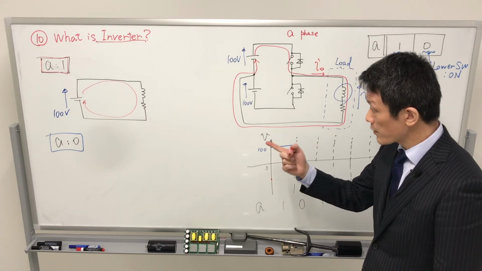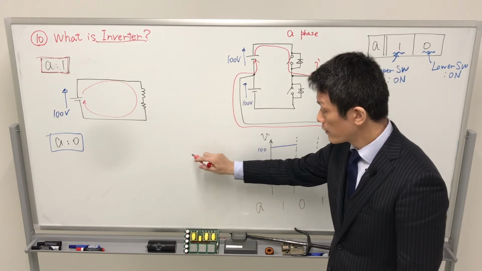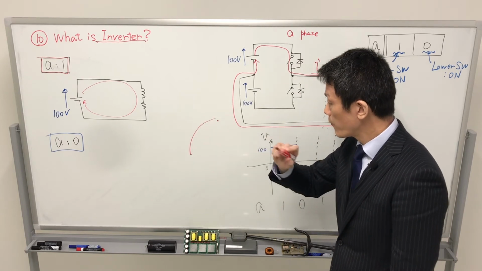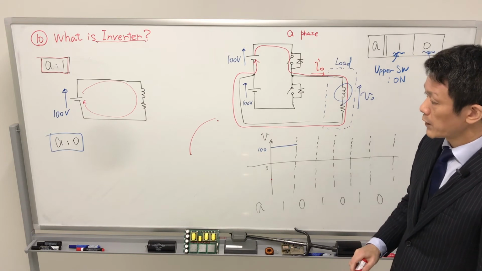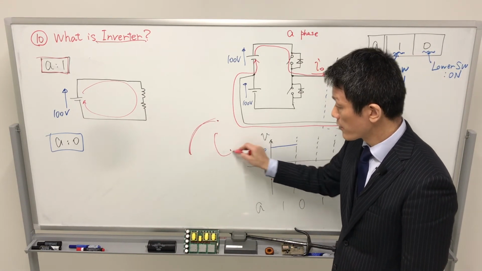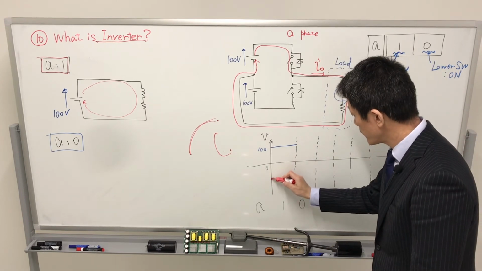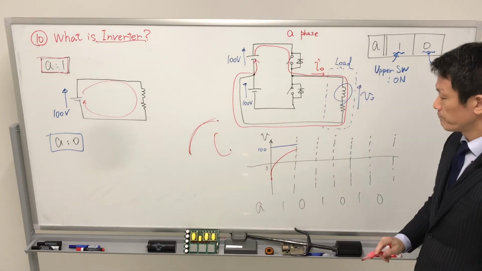In the transient phenomenon, when the value increases, the transient curve is here, and down is here. Okay? Remember? So current flows through like this.